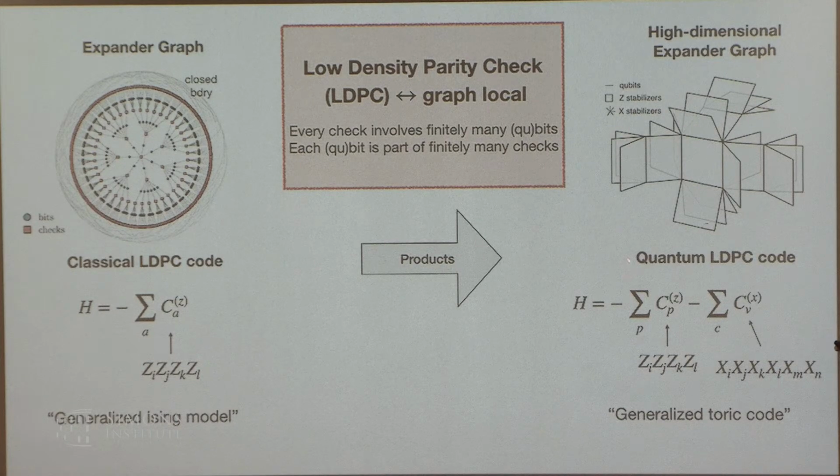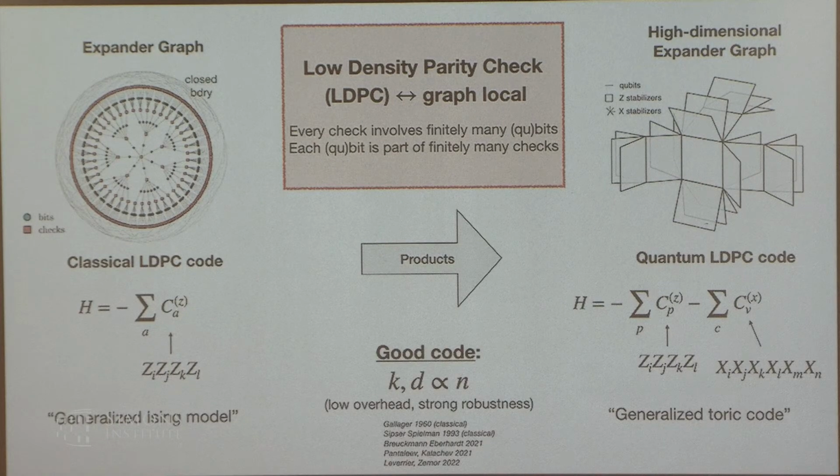And now you can put down a quantum LDPC code on this geometry, which is like a generalized toric code, where again it has both X-type and Z-type checks, but they all commute with each other. Okay, and good codes have K and D proportional to N, and the discovery of quantum good LDPC codes is a relatively recent development. And in order to get these good codes, you need these types of expander graphs.